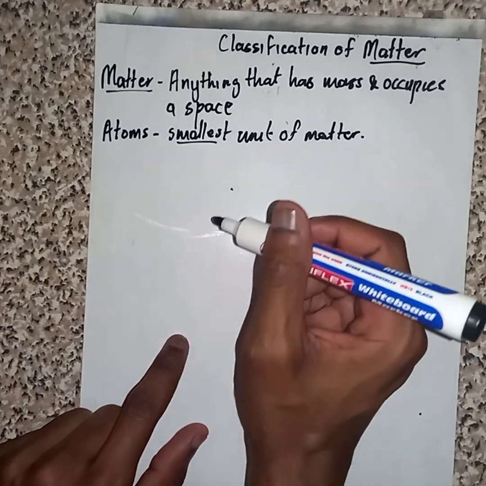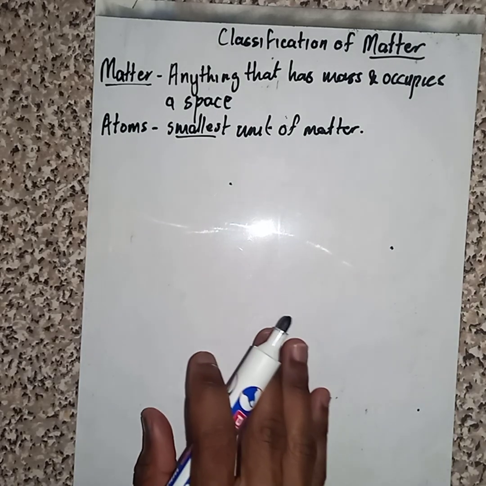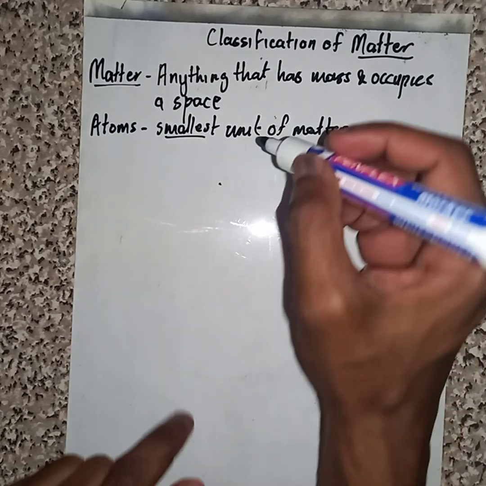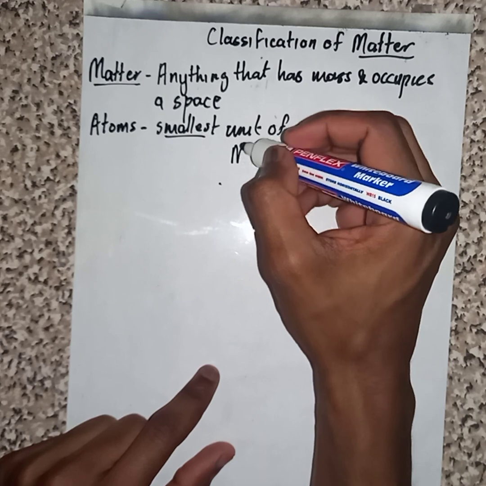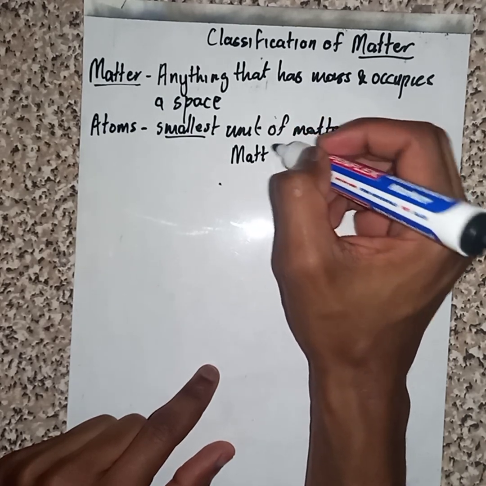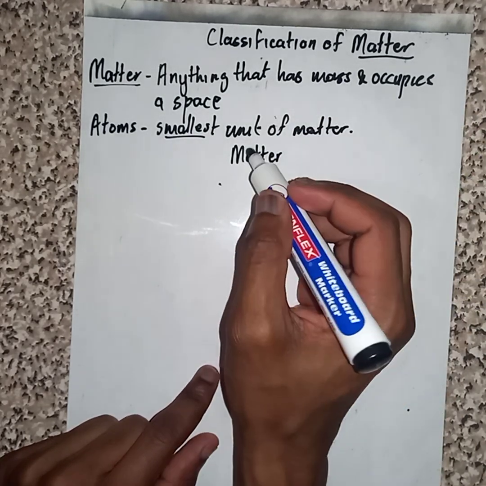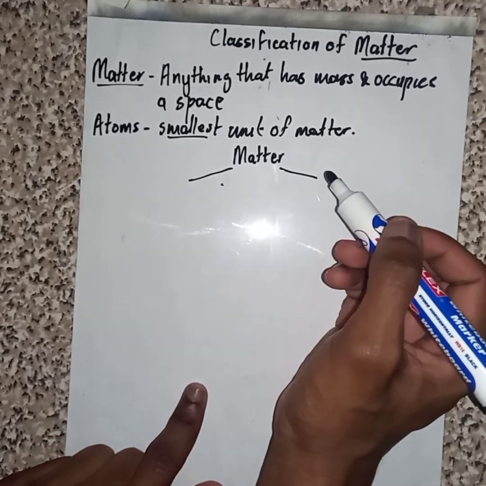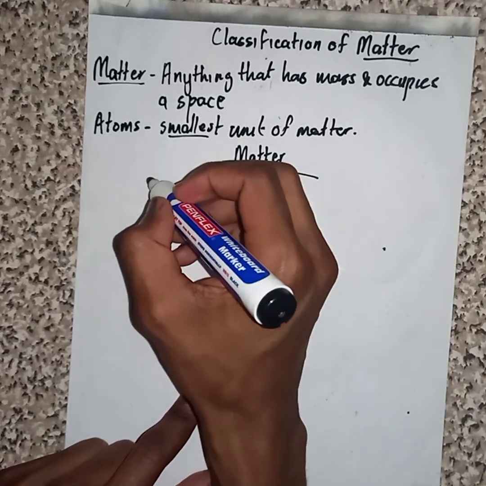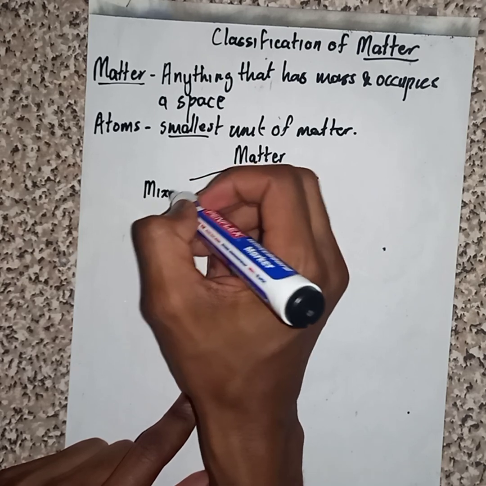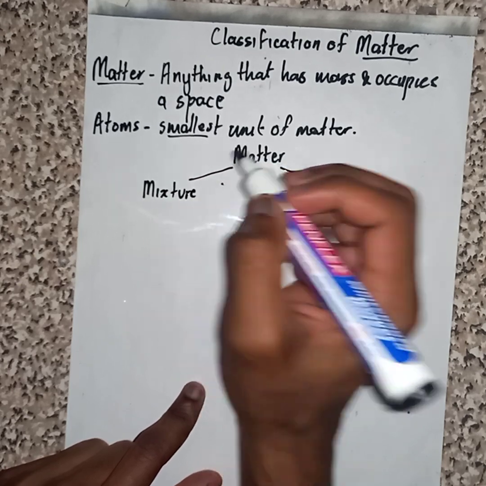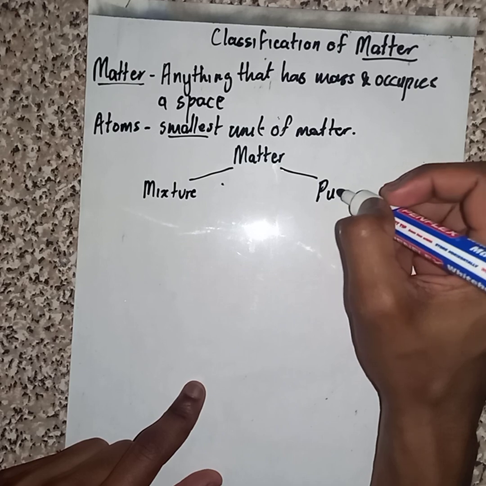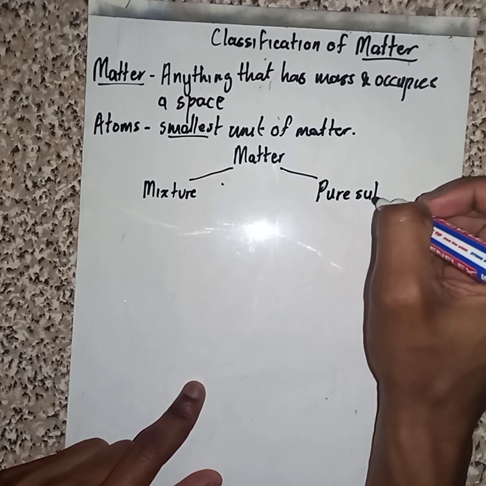Now, what I'm going to do at this point is write almost everything in a diagram format. Matter can be divided into mixtures as well as pure substances.